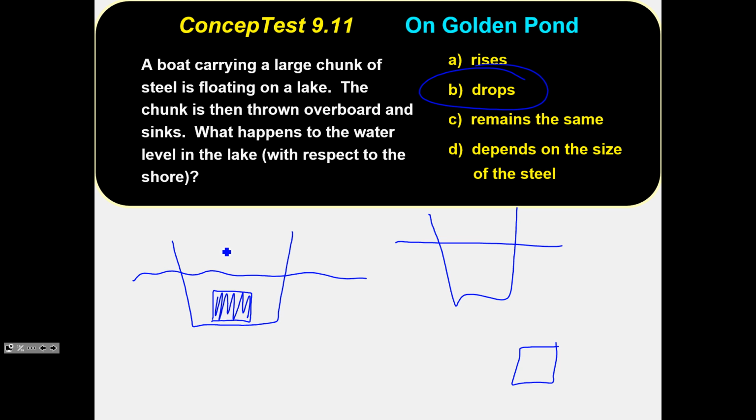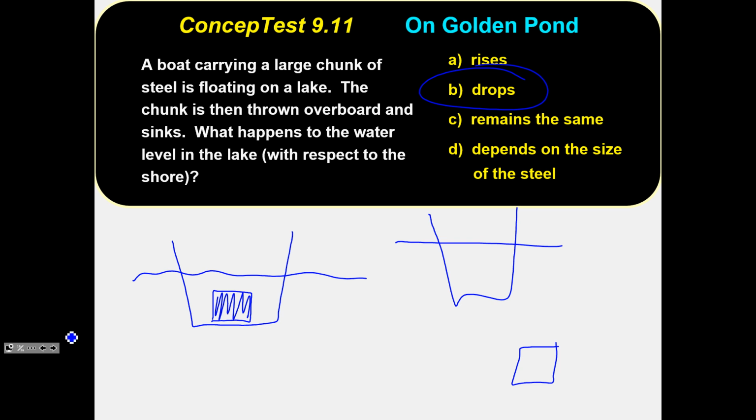So in this case, the water level would go down, because when you put the chunk of steel in the lake, it displaces less volume than it did when it was in the boat. When it was in the boat, it displaced a lot of volume. But when it's just sitting on the bottom of the lake, it doesn't displace as much volume.